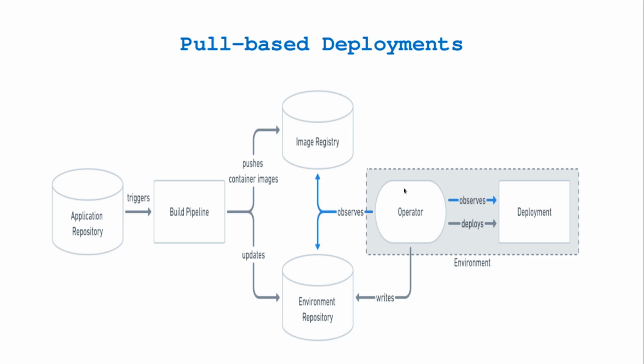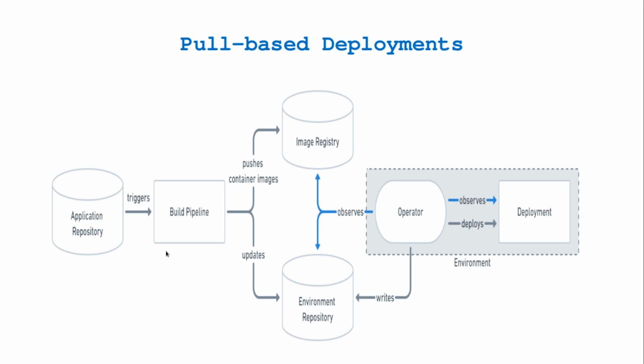If there is a difference between the application deployed and the desired state in the environment repository, the operator updates the infrastructure to match the environment repository. Additionally, the image registry can be monitored to find a new version of the image to deploy. In this case, we will learn Argo CD. It's an example of the pull-based deployment.